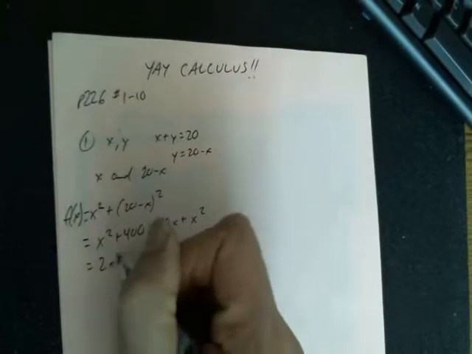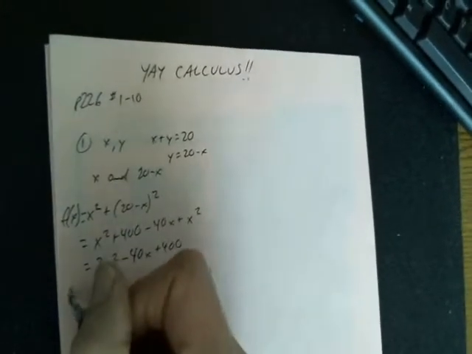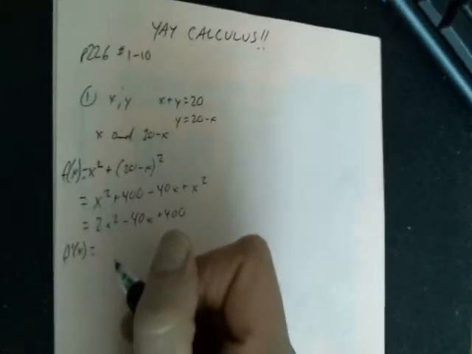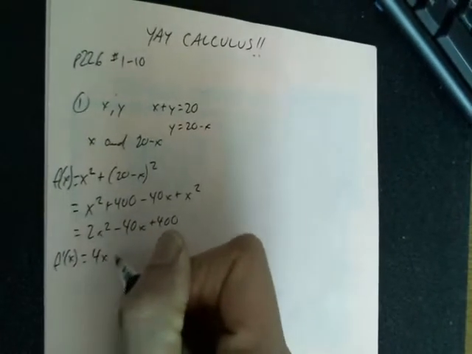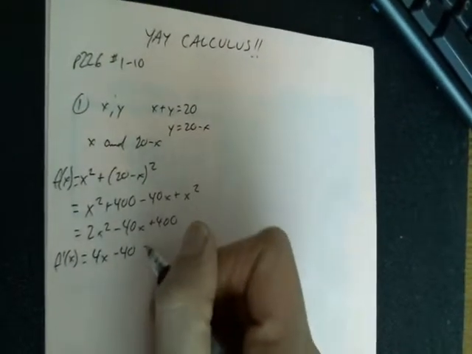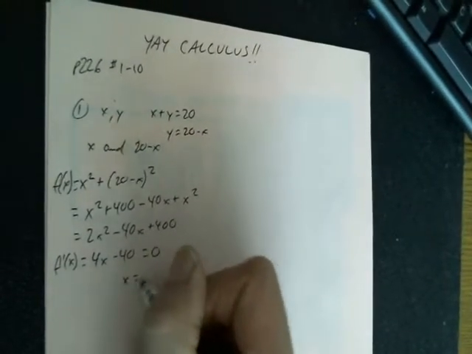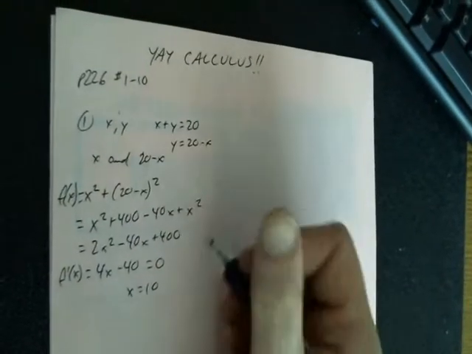So that's 2x squared minus 40x plus 400, which we will then differentiate and set equal to 0 to maximize and minimize. So differentiating, 4x minus 40, I set it equal to 0, so that means that x equals 10, which leaves the other one to be 10 as well.